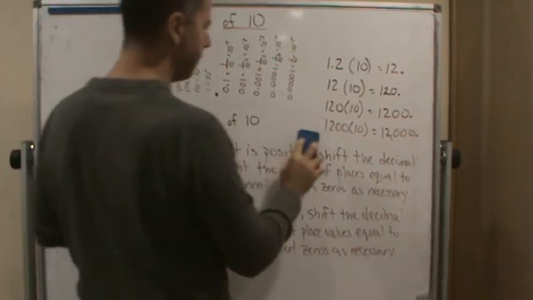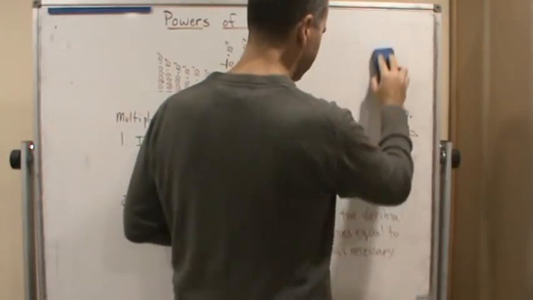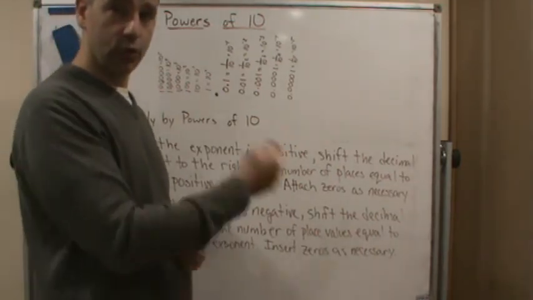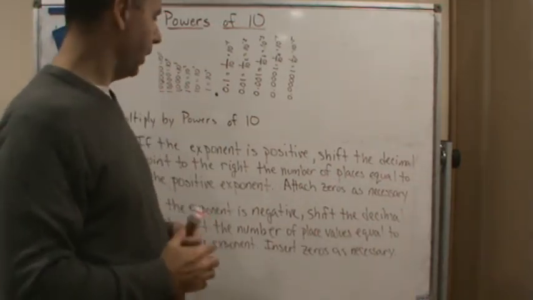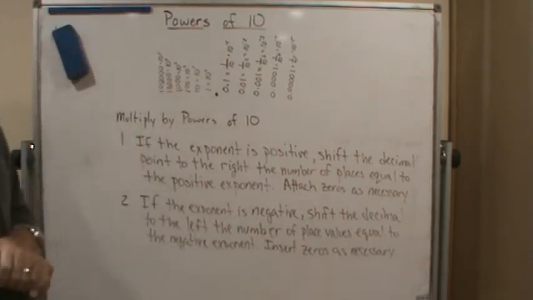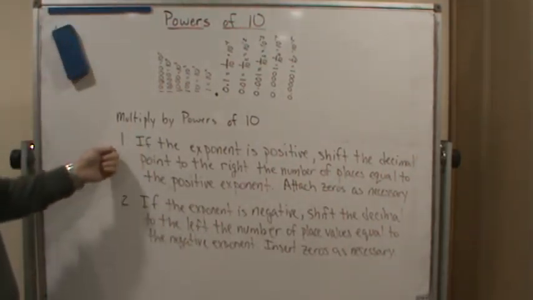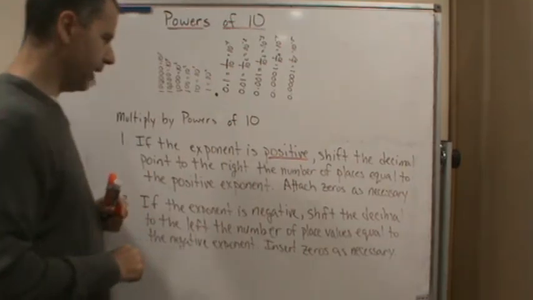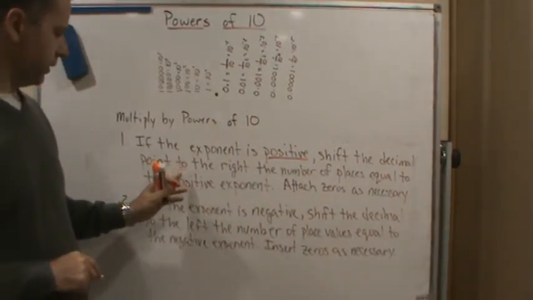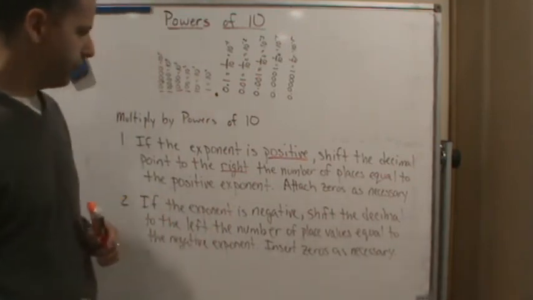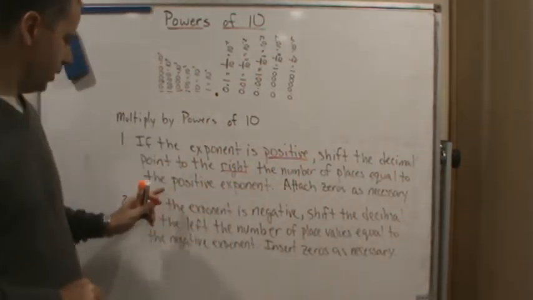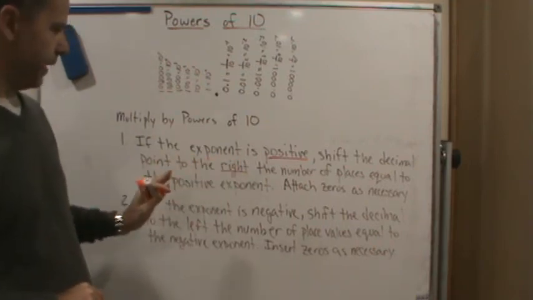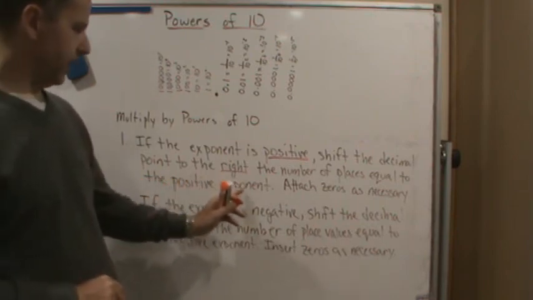Now, if we divide by a power of 10, in effect, we're moving the decimal point to the left one place value. So that brings us to the steps of how we multiply by powers of 10. One, if the exponent is positive, shift the decimal point to the right the number of place values equal to the positive exponent.